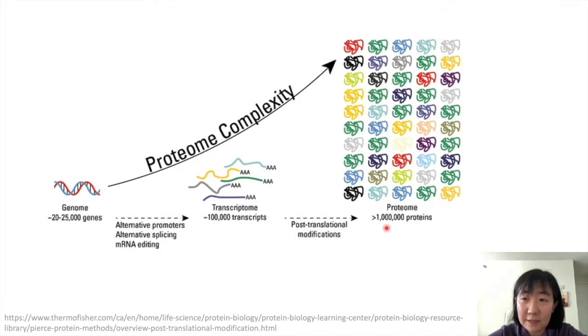Second, proteins have post-translational modifications. There are chemical modifications on the protein, and they play a key role in functional proteomics because they regulate activity, localization, and interaction with other cellular molecules such as proteins, nucleic acids, lipids, and cofactors.